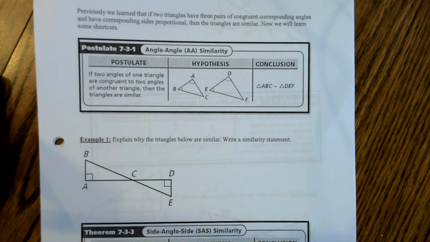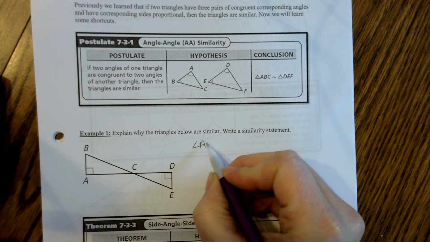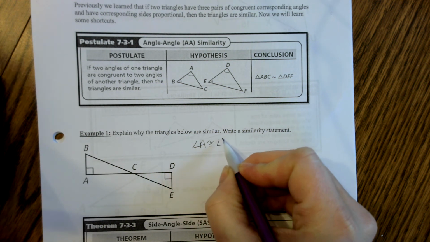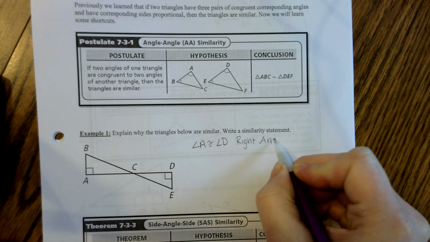Example 1. Explain why the triangles below are similar. Write a similarity statement. So we know that angle A is congruent to angle D because of the right angle theorem.